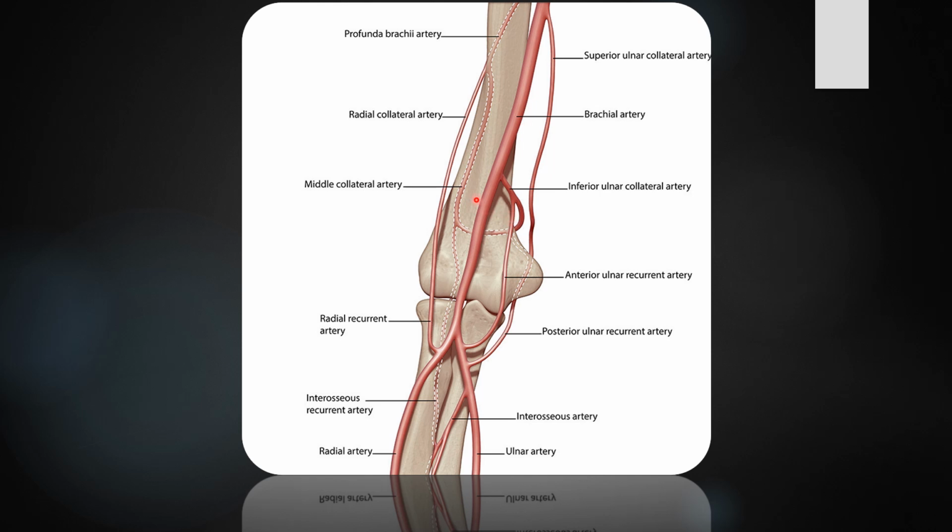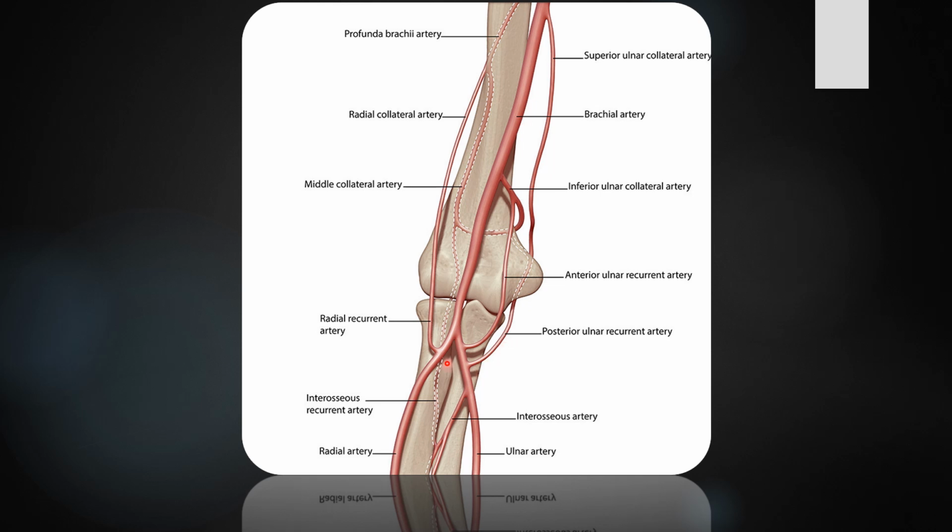On the lateral side, the radial collateral artery anastomoses with the radial recurrent artery, and the middle collateral artery anastomoses with the interosseous recurrent artery. So these are the arteries which anastomose around the elbow joint and allow easy blood flow even during flexion of the elbow joint.